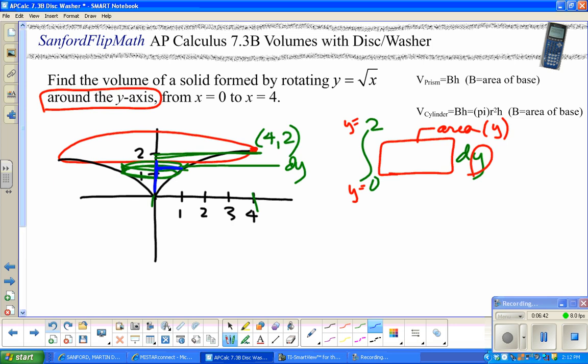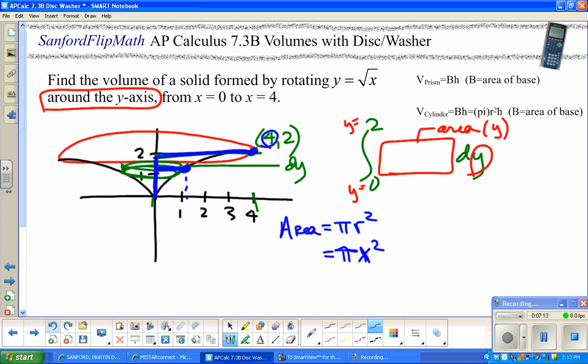This is the center of my spinning, and the radius for this particular circle will be a little more than 1, but that 1 is an x value. And if I go to this top circle, the radius would be 4, but again, that's an x value. So when we're doing the area of this circle, it's going to be pi r squared, and that radius is x, so pi times x squared.